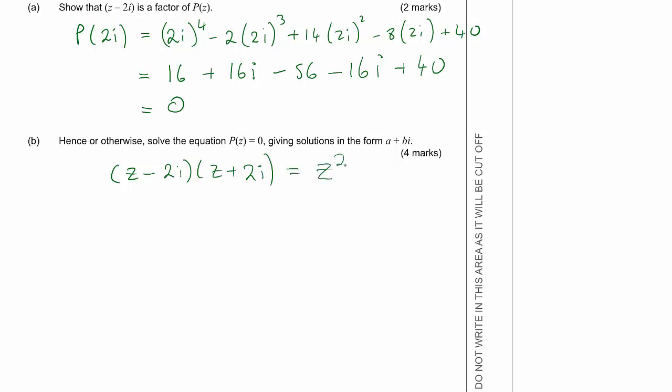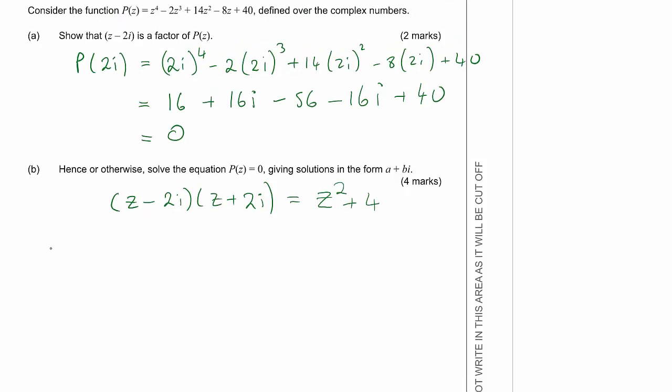So this gives me z squared, take away 4i squared, which is plus 4, is also a factor. Now, z to the 4 minus 2z cubed plus 14z squared minus 8z plus 40 is equal to z squared plus 4.